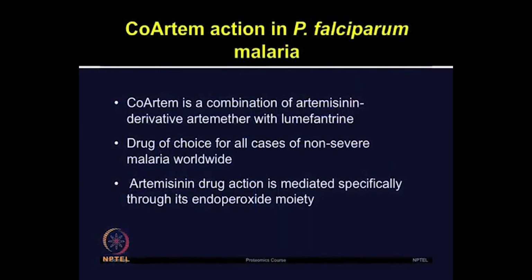So, in this paper, the authors have discussed how two different drugs which are effective antimalarials can be studied for looking at the proteome changes in the Plasmodium falciparum parasite. Coartem is a combination of the artemisinin-derived artemether with lumefantrine.